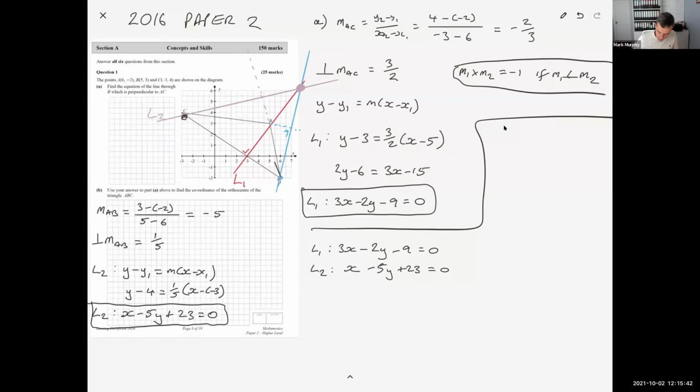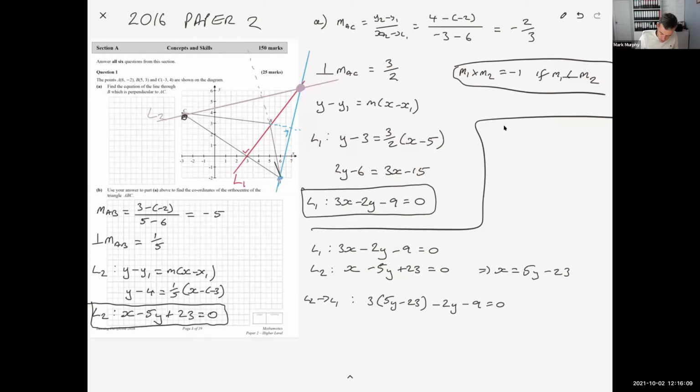What I did, the different way, I just said that look, x is equal to 5y minus 23, isn't it? I just put everything off the other side, and then I just filled that into L1. I put L2 into L1, and I got 3 times 5y minus 23 minus 2y minus 9 equals 0.